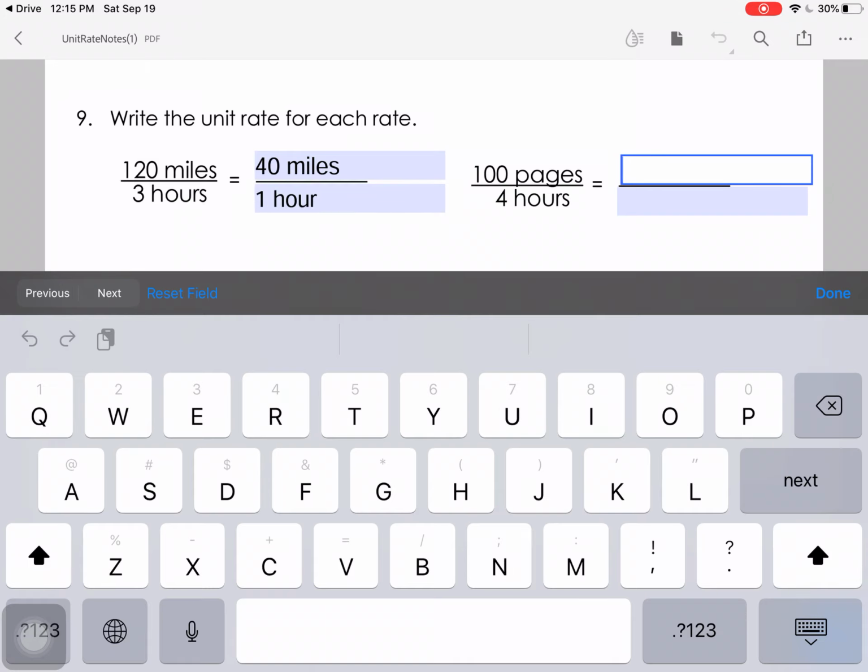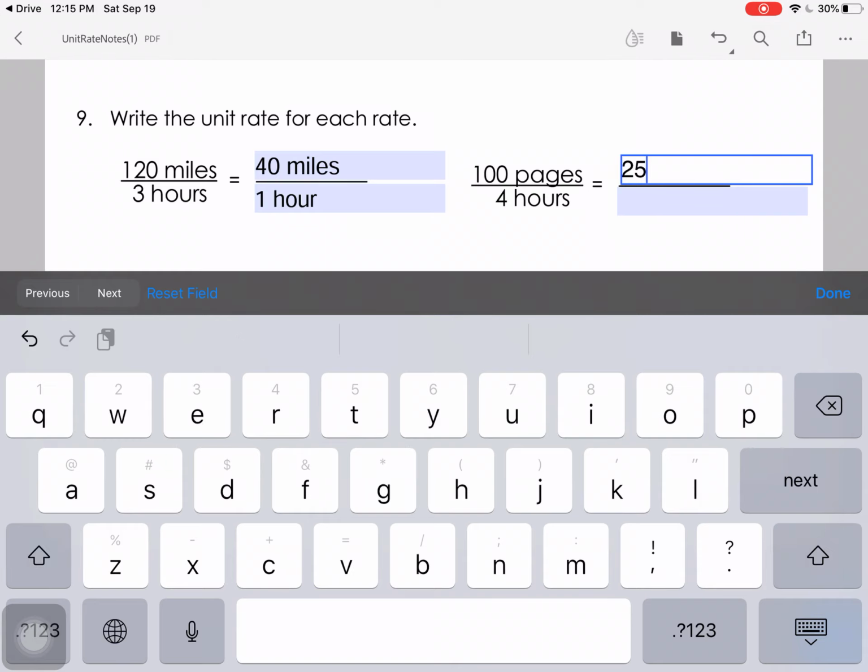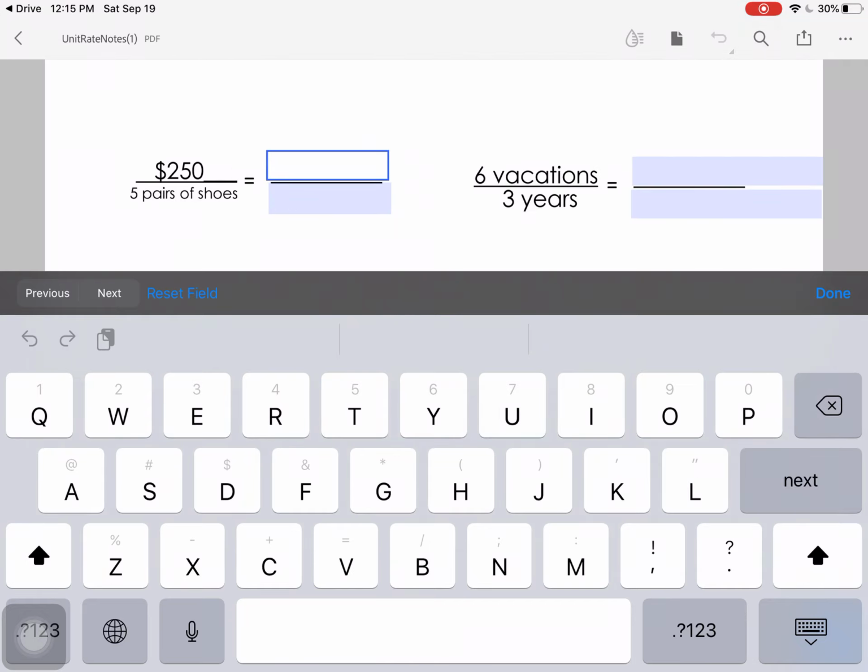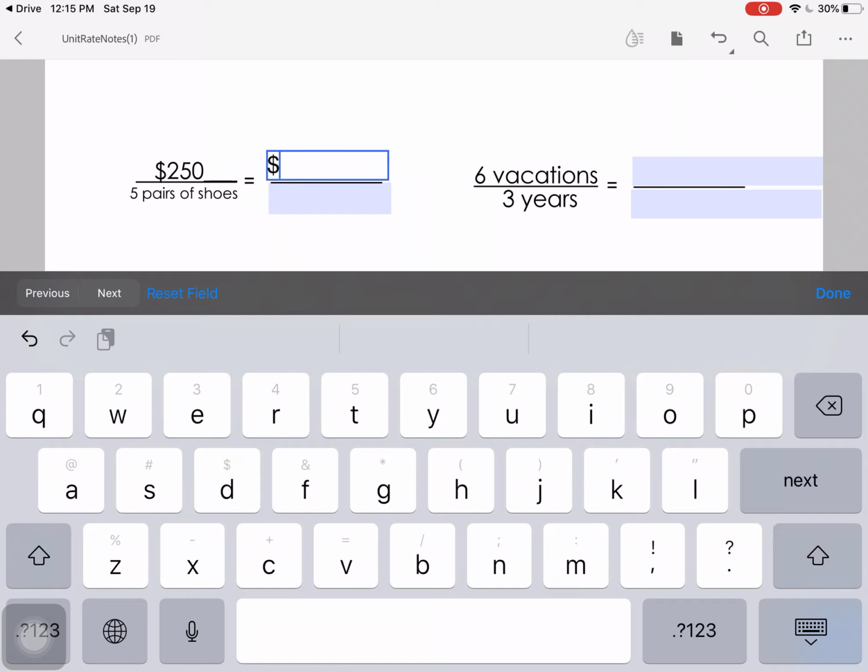All right, 100 pages in 4 hours. We would divide 100 by 4 and we get 25 pages in 1 hour. Okay, so that will be our unit rates. $250 for 5 pairs of shoes would be $50 for 1 pair.